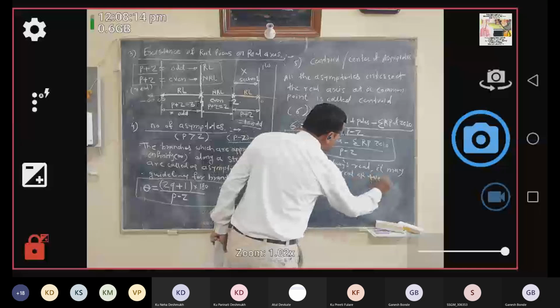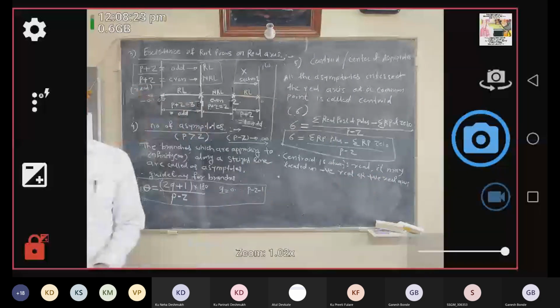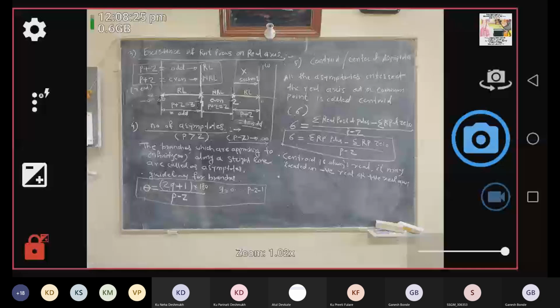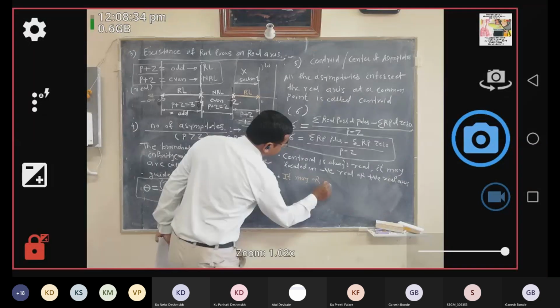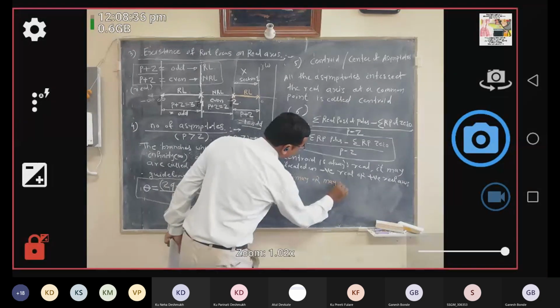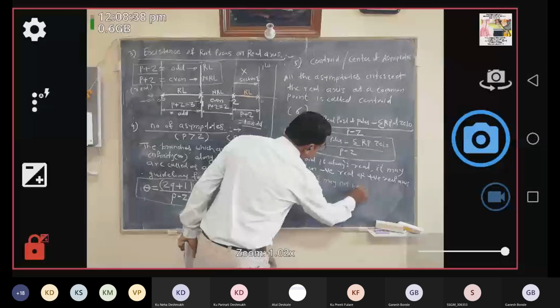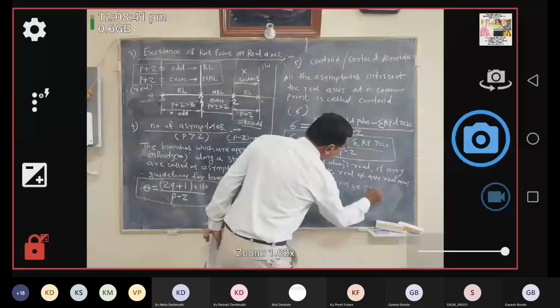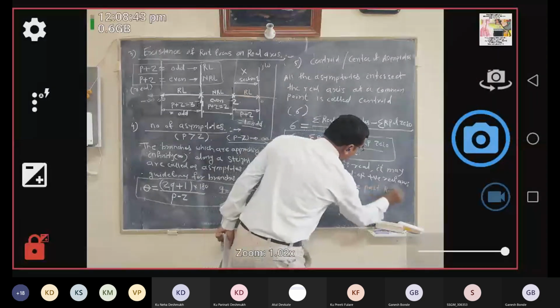Another property is that it may or may not be a part of the root locus.